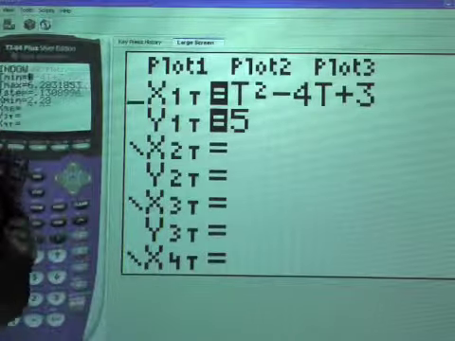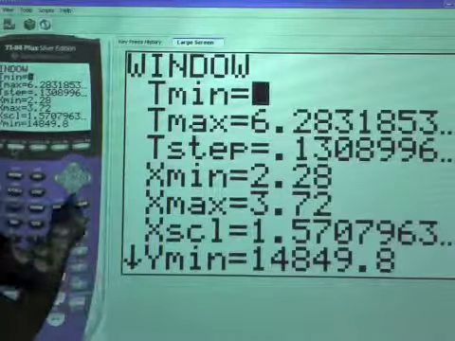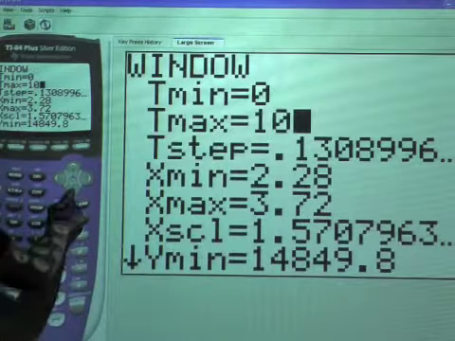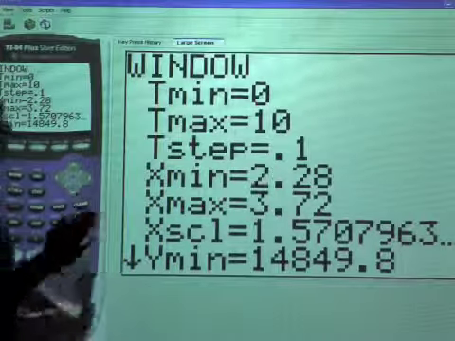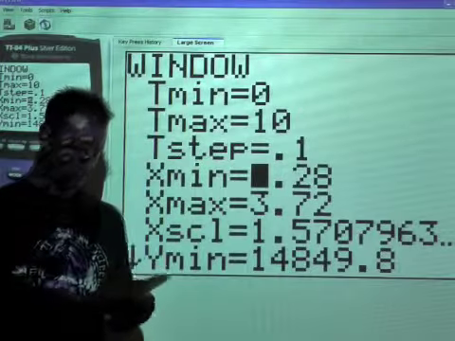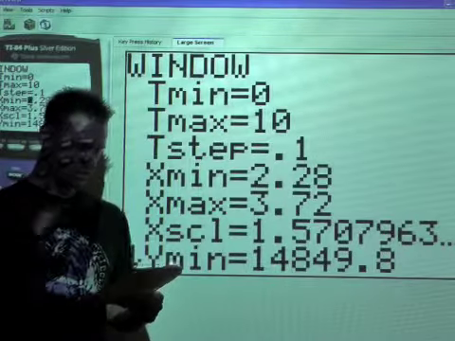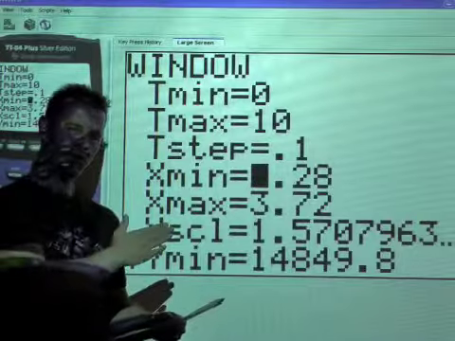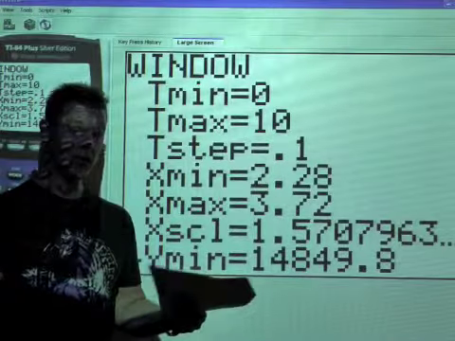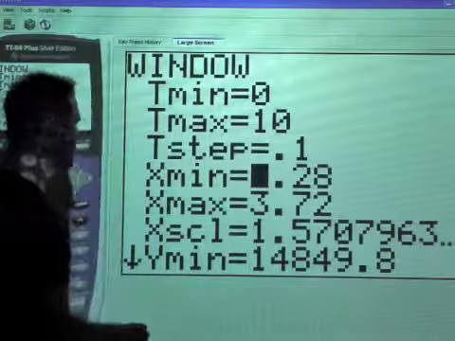Okay. I'm going to set up my window. For time, I'll go 0 to 10. I'll do 0.1 for t step. And in my x range, now this is the range that we're going here. I'm not exactly sure what it's going to be. I know we started off at 3. We ended up going left for a while, for 2 seconds, in fact. Then we went to the right.